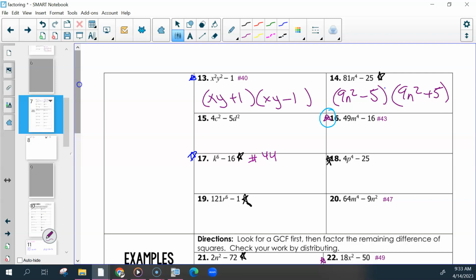So I got 9n squared minus 25 as an answer in one of my two factors. I would need to break this down again. So then you would end up with 3 or 4 factors instead of just 2. Of course, this is not the answer to this one. I'm just making this up. But be on the lookout for that, because that could also happen.